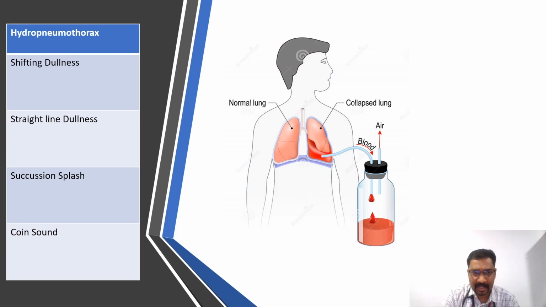Similarly, succussion splash is a crude method where a splashing sound is found when you shake the patient vigorously, and obviously keep the stethoscope on the non-dependent area of the shoulder. Coin sound is a metallic sound you find when a stethoscope is placed at the level of the fluid on the opposite side, and you keep a small coin there and strike it with another coin.